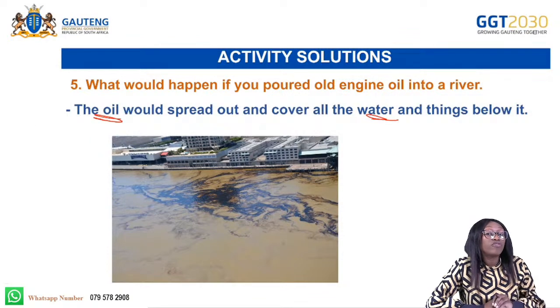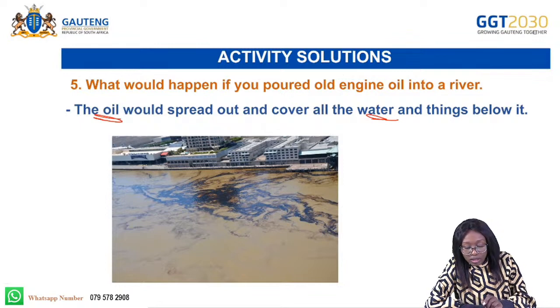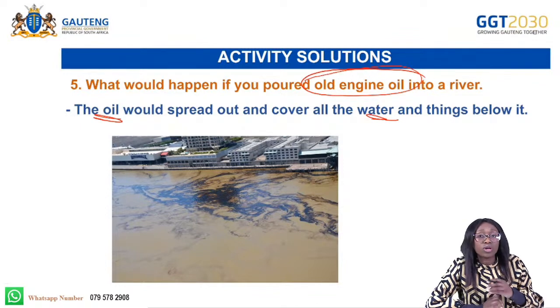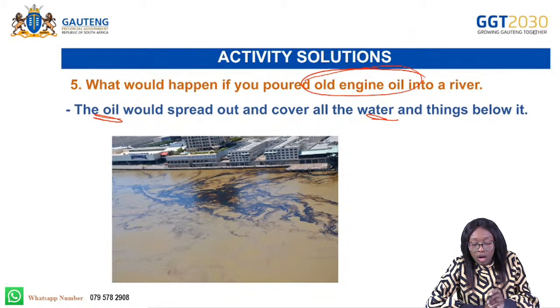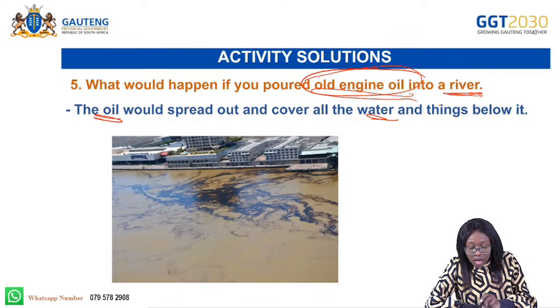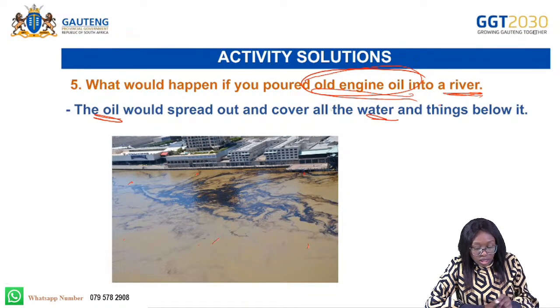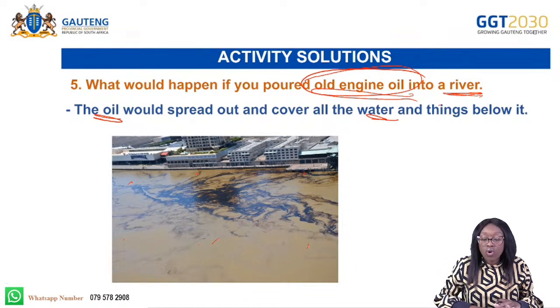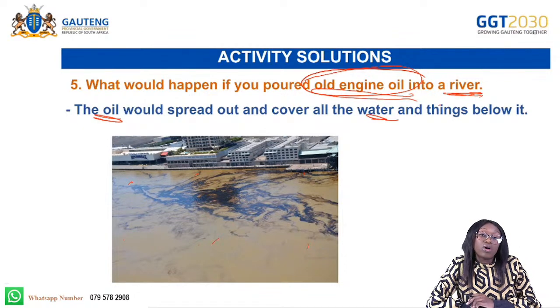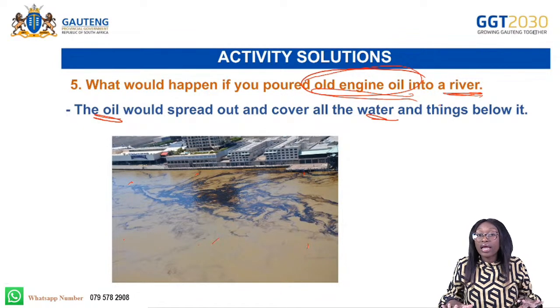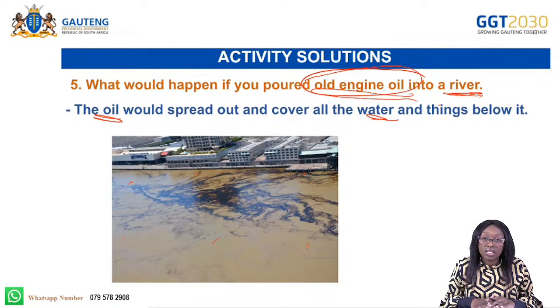So oil floats on water regardless of whether it is engine oil, cooking oil, or sunflower oil. Rivers have water in them, so the engine oil is going to float on top of the water and spread out, covering all the things that are beneath it.